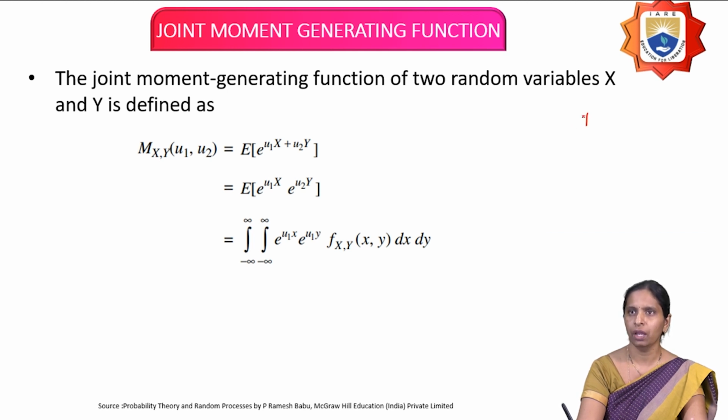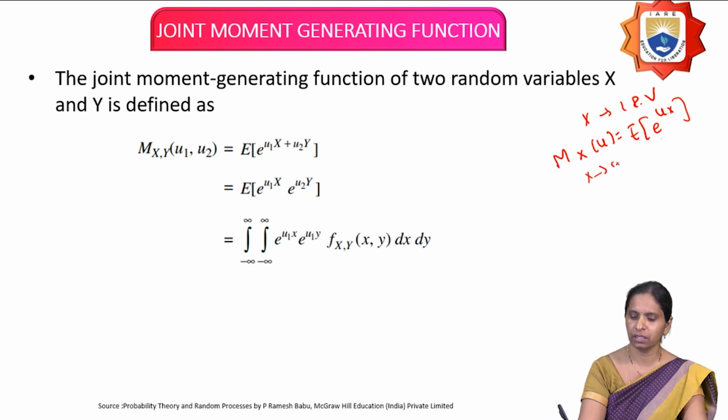For example, if you have a single random variable x, then its moment generating function is represented by m of x. Therefore, mx of u is equal to the expectation of e power u into x. In place of u, I can take any variable, v also.